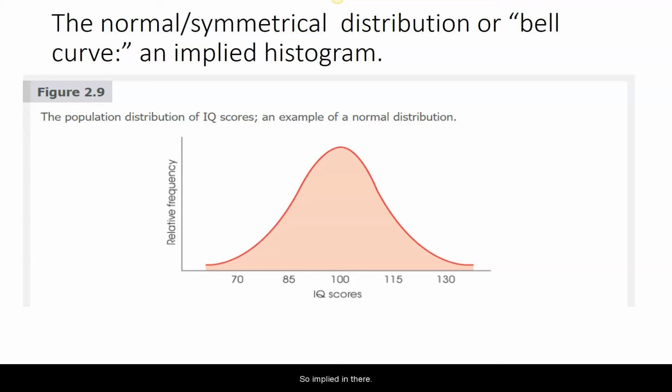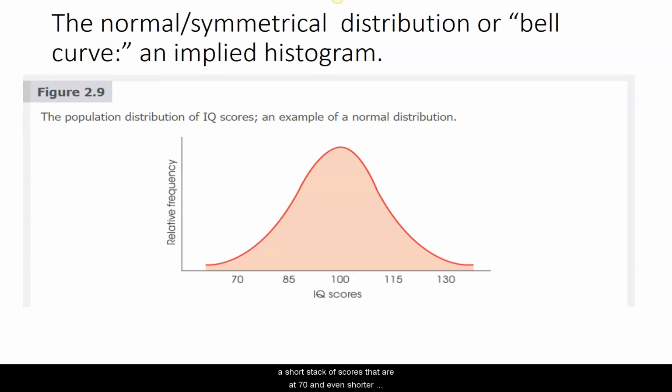So implied in that are columns as though it were a histogram. You can imagine a big, tall stack of scores at 100 and a big, tall stack of scores at 100.1 and a stack of scores at 100.2. The further we get from 100, the shorter the stack's going to be. Once I get down to 130, of course, it's a short stack of scores that are exactly 130. And a short stack of scores that are 130.1.